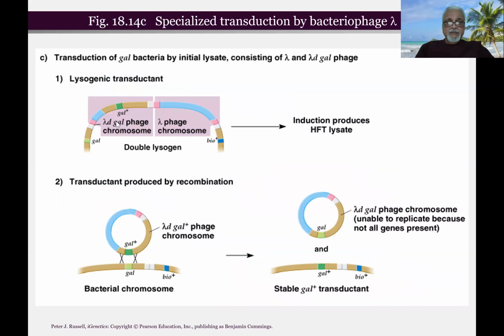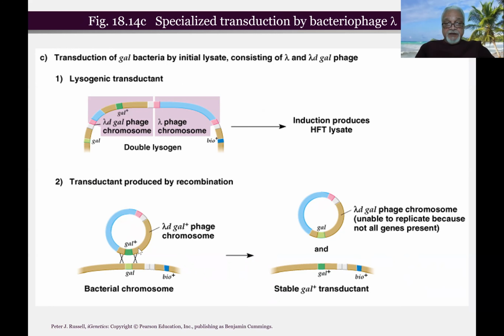If the recipient cell receives both of them, this and this normal phage, then it will follow the lytic cycle. But if a recipient cell gets infected by the defective gal phage chromosome, I mean, this phage is capable of infecting the recipient cell and injecting this type of DNA into the recipient cell.